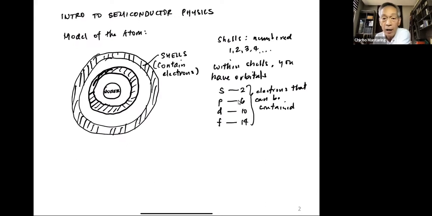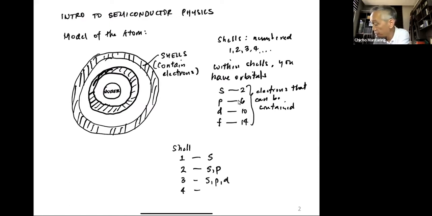Not all shells will have all orbitals. For example, shell 1 will only have your s orbital. Shell 2 will have your s and p orbitals. Shell 3 will have s, p, and d, and shell 4 will have s, p, d, and f.